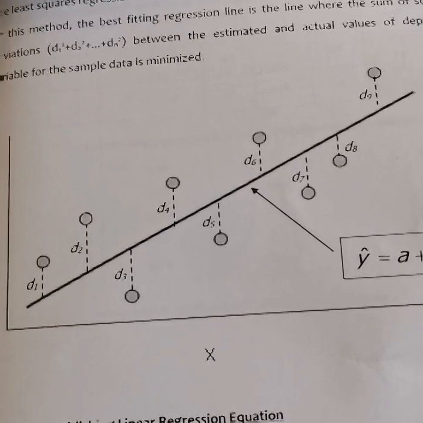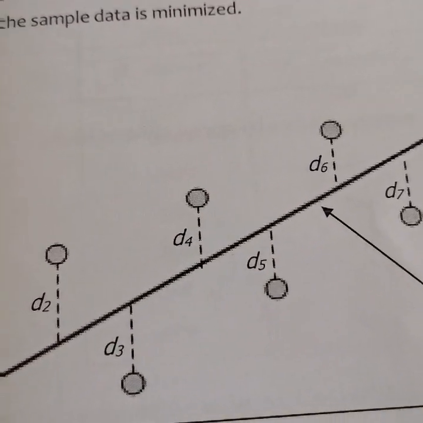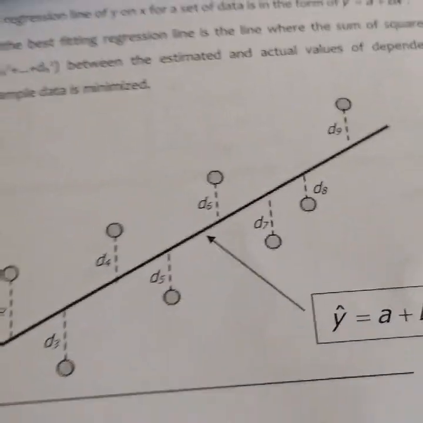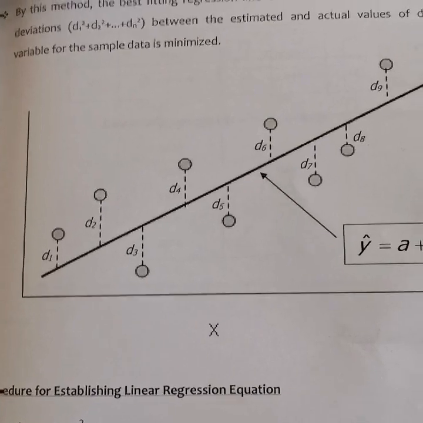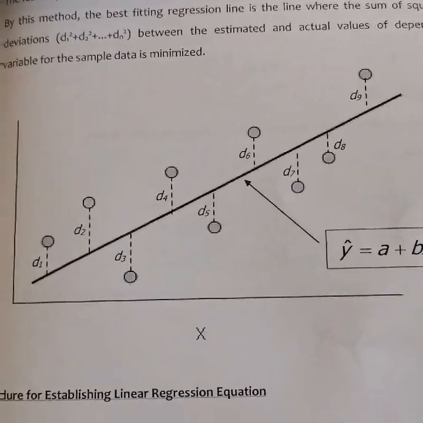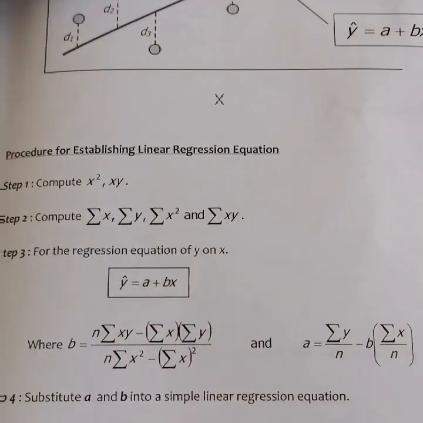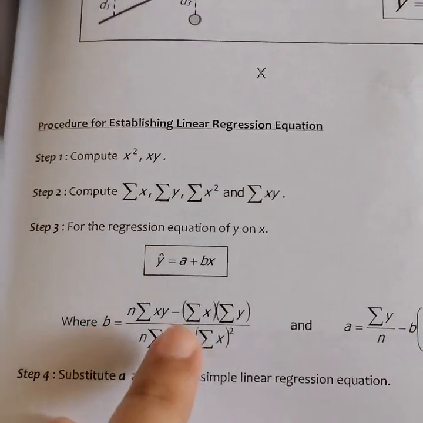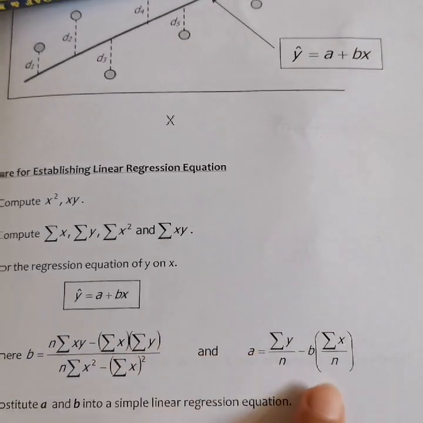So we are trying to minimize the distance between the estimated and the actual values. The formulas that we get for this are b equals this one and a equals this one.